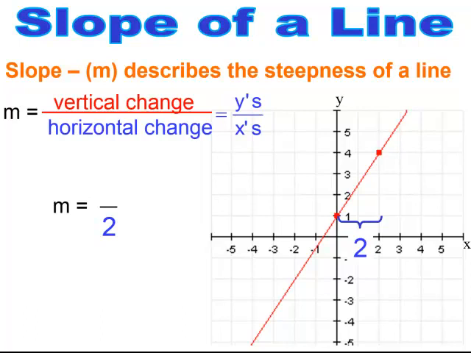And then I'm going to count how far from there along the y-axis, or the vertical axis, and it goes up 3, so 3 would go on top. So the slope for this line would be 3 over 2, or 3/2. So from one point you count the x, how far the one point is horizontally, and how far from there it's vertical.